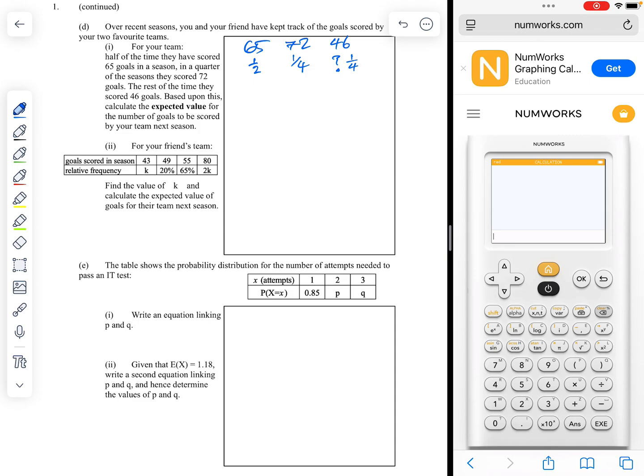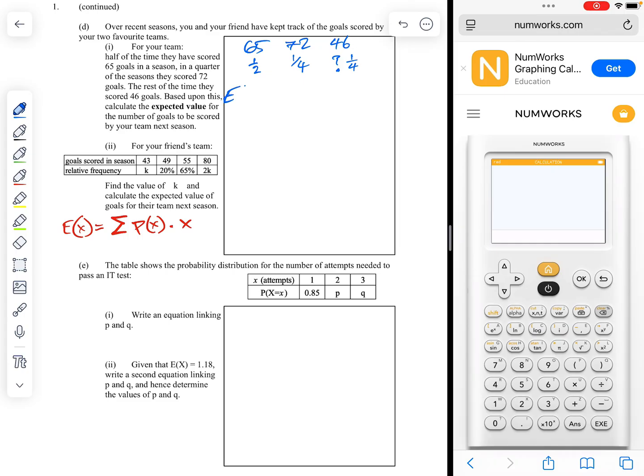Next, expected value. From the formula book, we know that the expected value of x is going to be the probability of x multiplied by x again and again and again. This sigma is the sum. We're going to be adding things up.